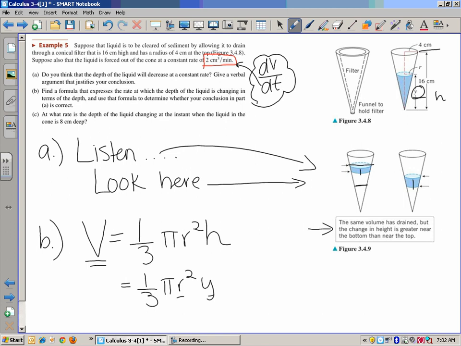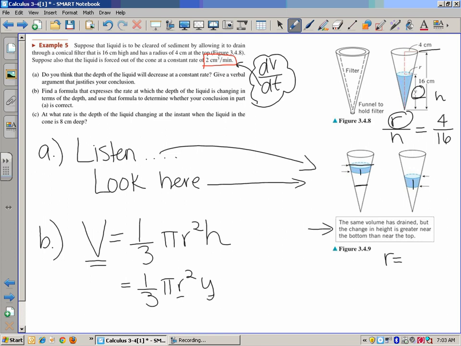So one of the things I want to notice is that the radius is not constant, and neither is the height. However, the cone ratios are constant, which means that the radius to height ratio is going to be a constant 4:16. Because I'm looking for dh/dt, I'm going to solve this for r in terms of h.